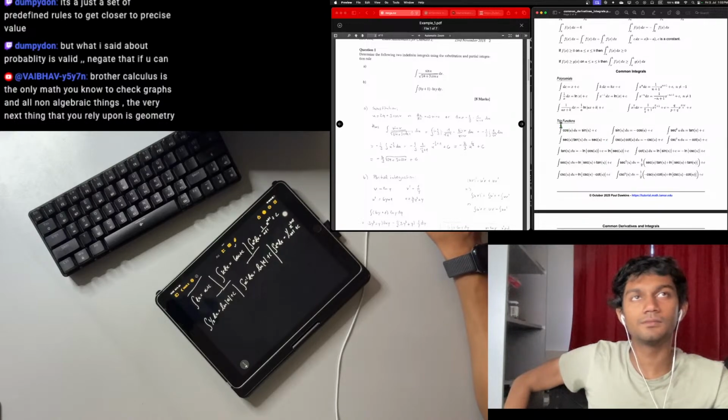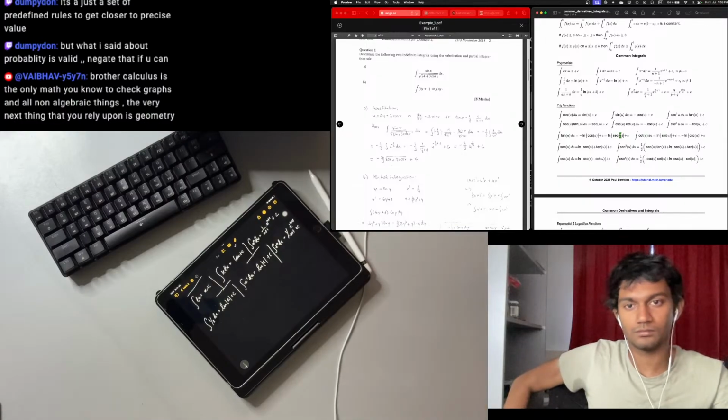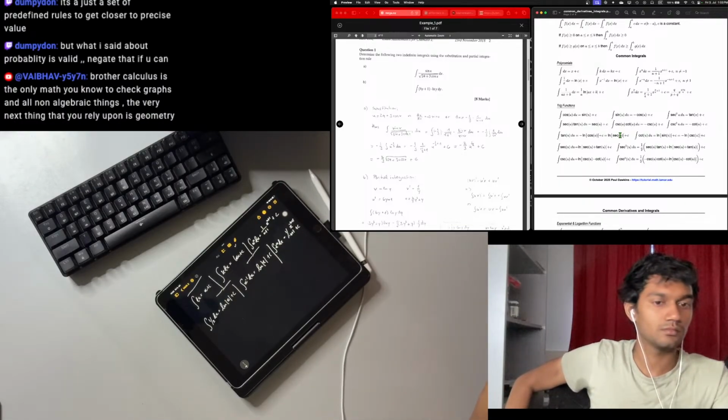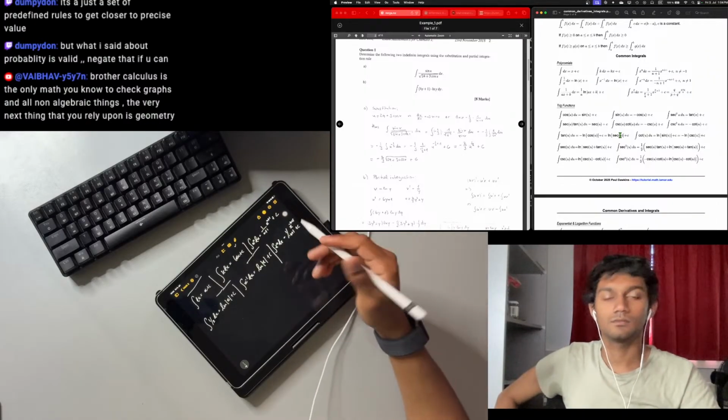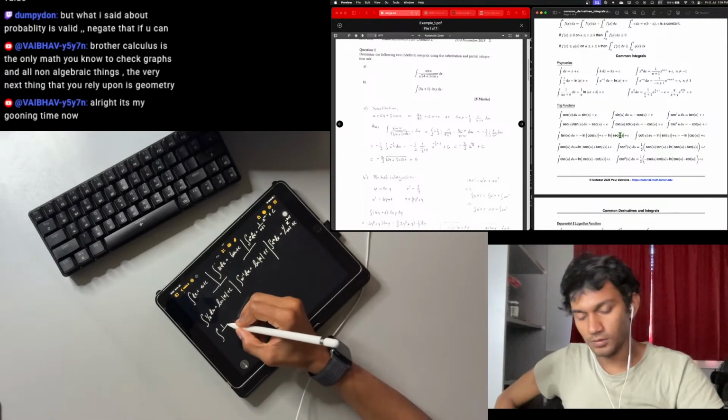Common integrals of trigonometric functions. Integral.